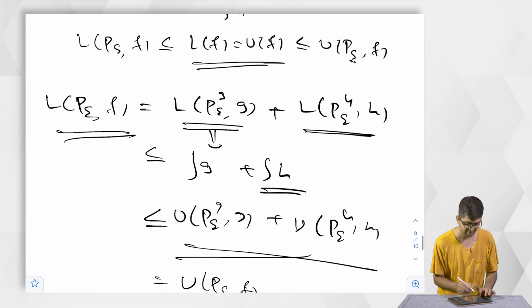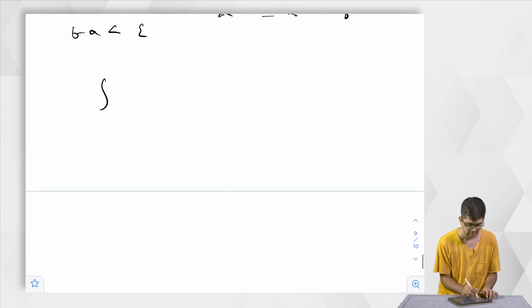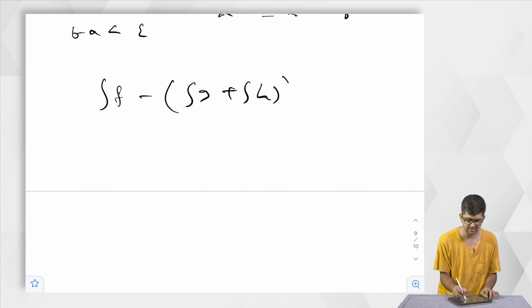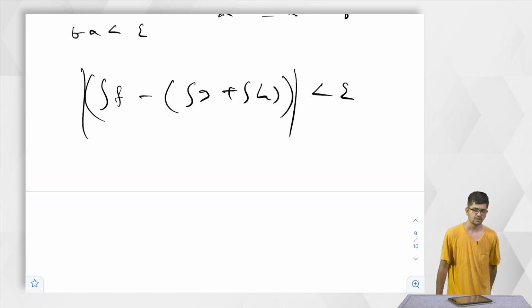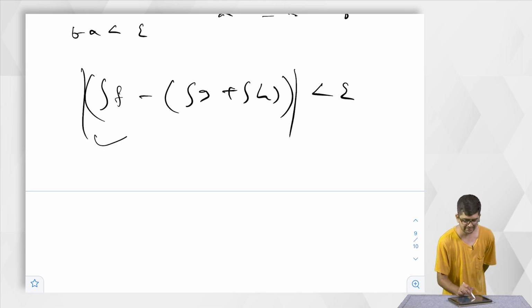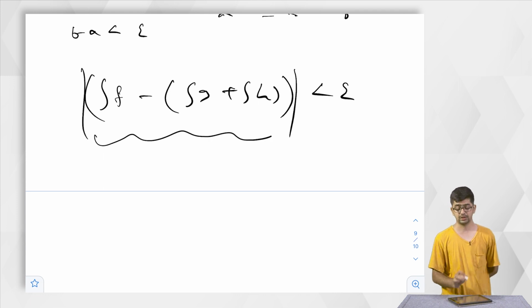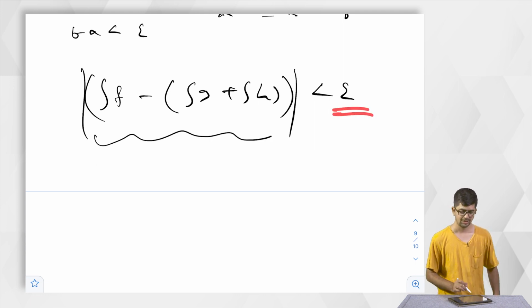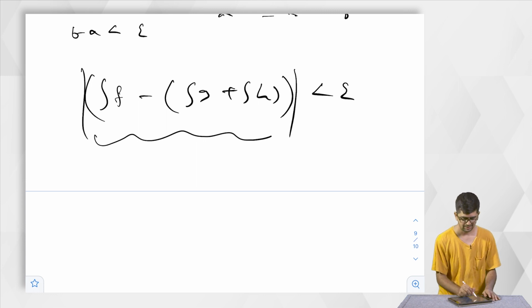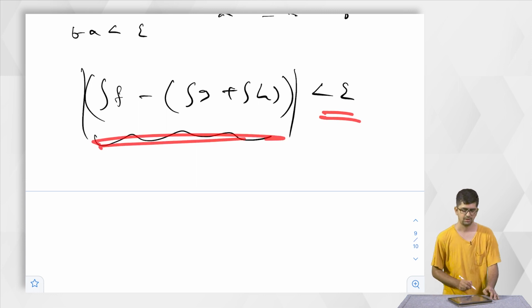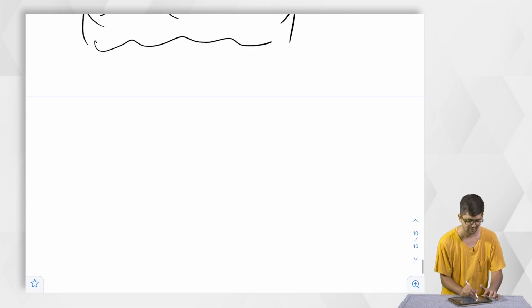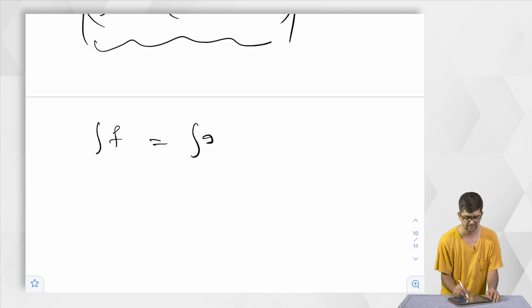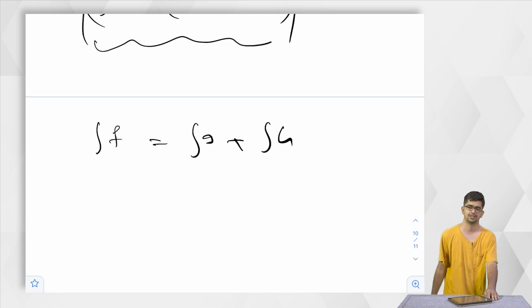So the modulus of the integral of f minus the integral of g plus the integral of h is less than epsilon. Observe that this portion does not have anything to do with epsilon. Whatever epsilon is given, this is always less than epsilon. Because epsilon is arbitrary, the integral of f is equal to the integral of g plus the integral of h.